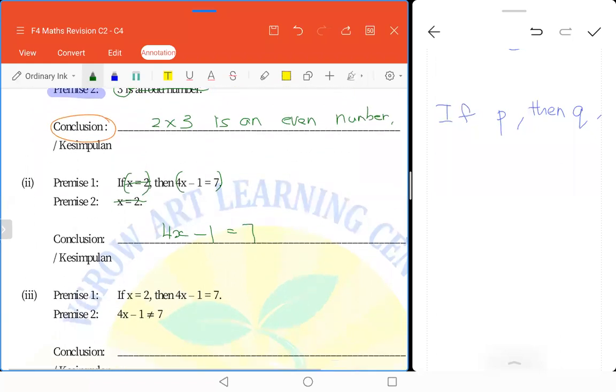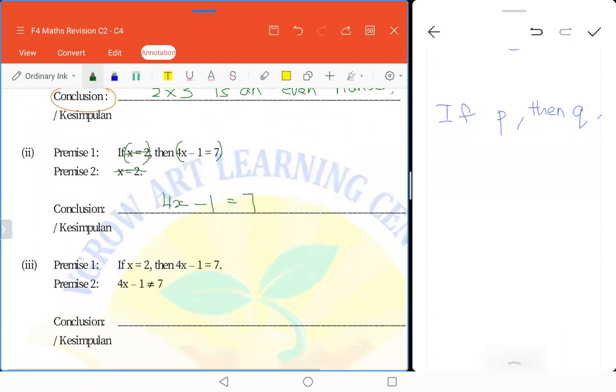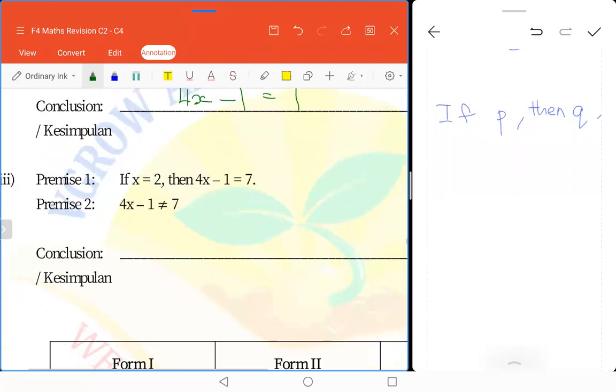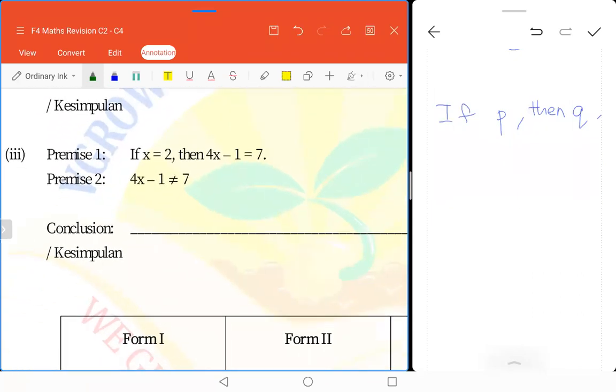Okay, one more. Question 3 here. If x equal to 2, then 4x minus 1 equal to 7. Same thing, we split it into two short sentences, the previous two. Premise 2: 4x minus 1 not equal to 7.